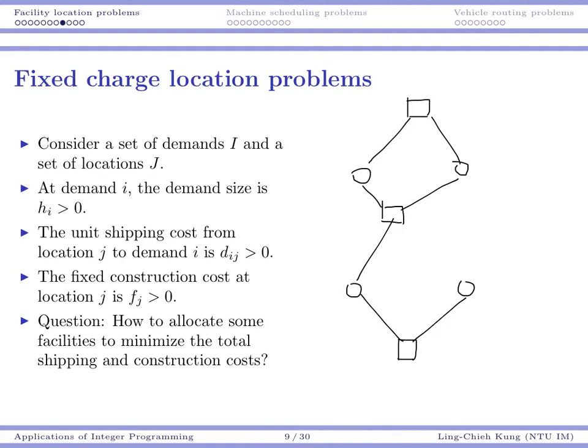And that assignment matters because we will ship products or we will travel along that route, so that corresponds to costs. Here I just want to show you that suppose I choose to build a facility here. That means I'm going to deliver products along this way, and this way.